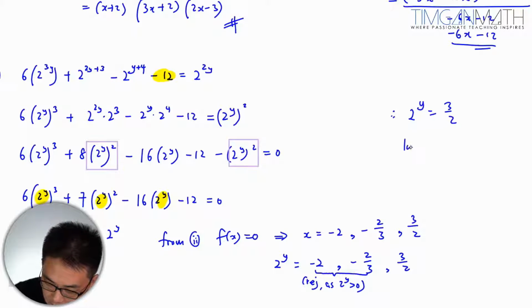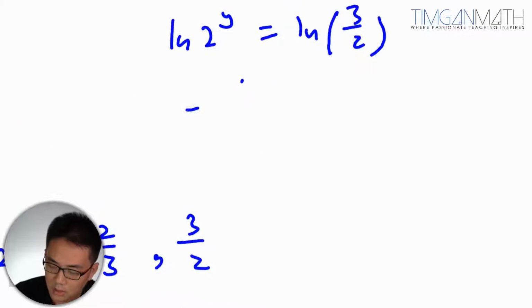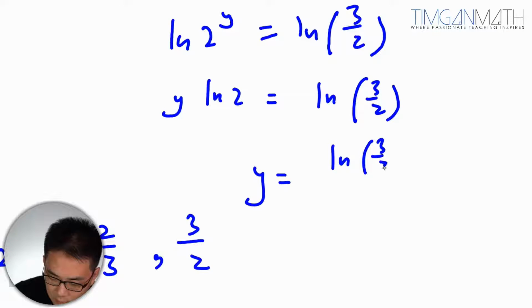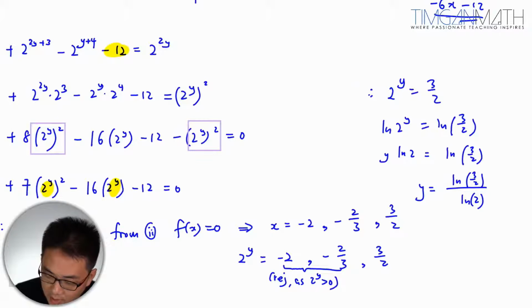To solve this, we just take ln of both sides. You can use log as well, it's fine. So this is y ln 2, bringing the y down, equals ln 3/2, and y equals ln(3/2) over ln 2. So we divide by ln 2 here.